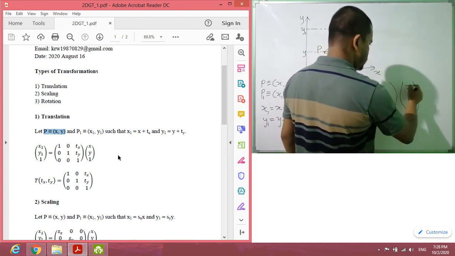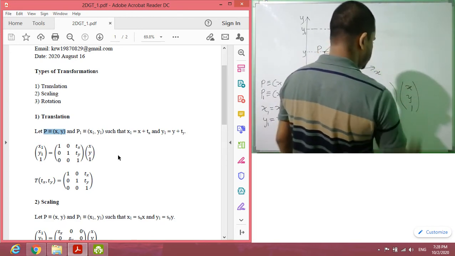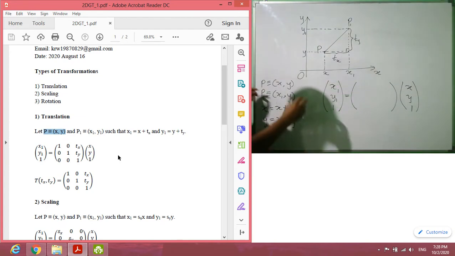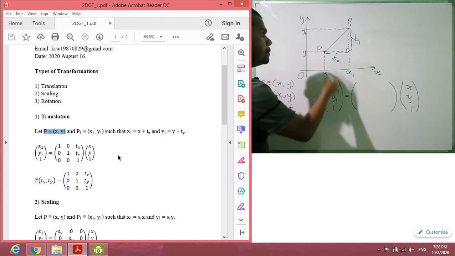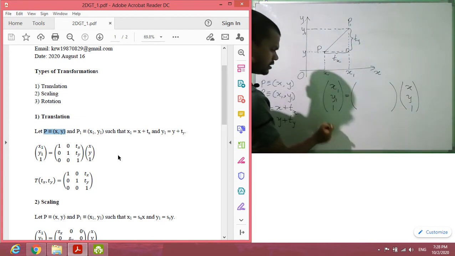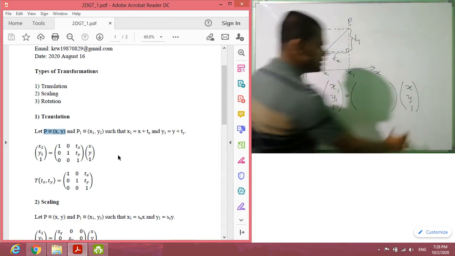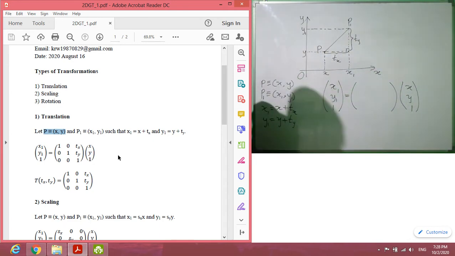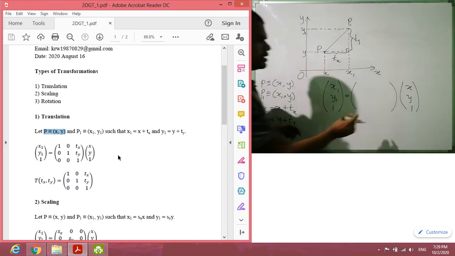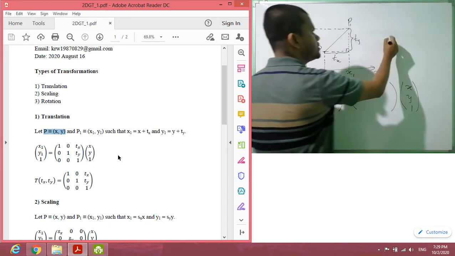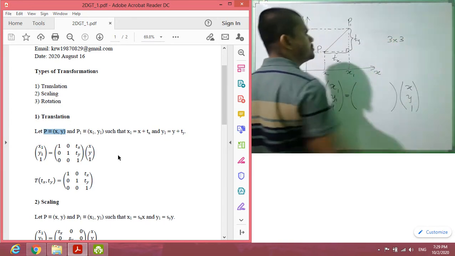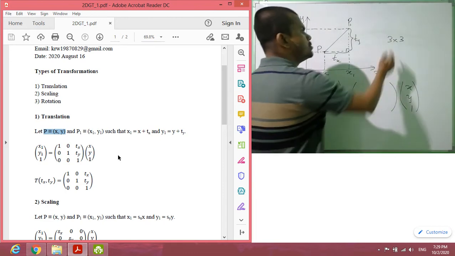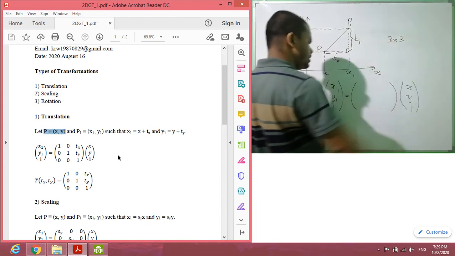That means this is our point P1, and this is our point P. Here, in order to get this, we have to put a 3 by 3 matrix. That means we have 3 rows and 3 columns.